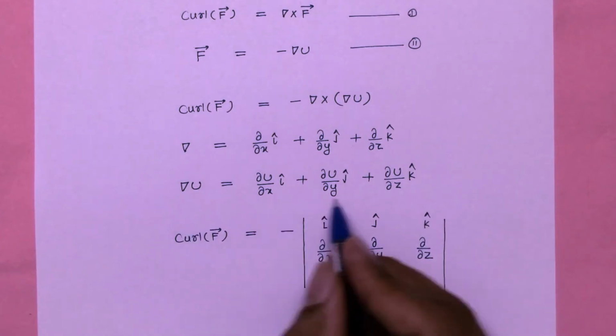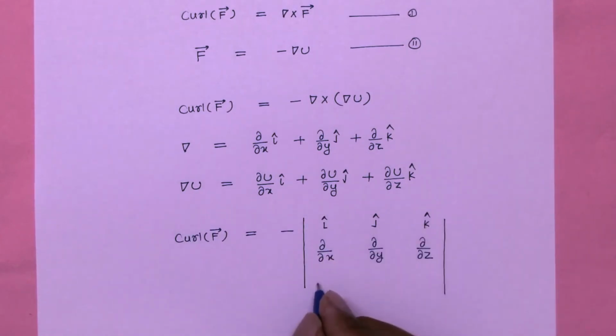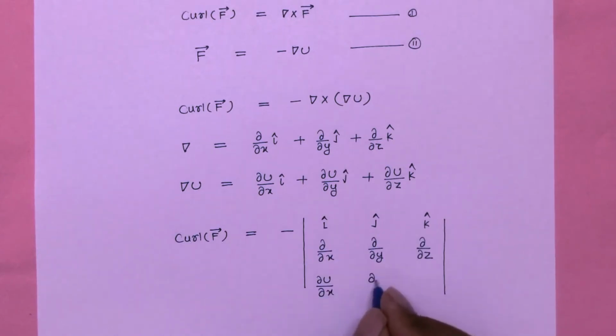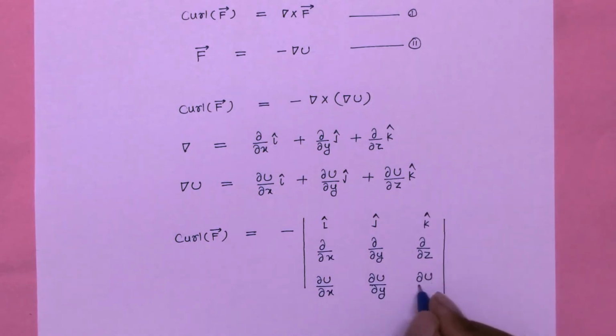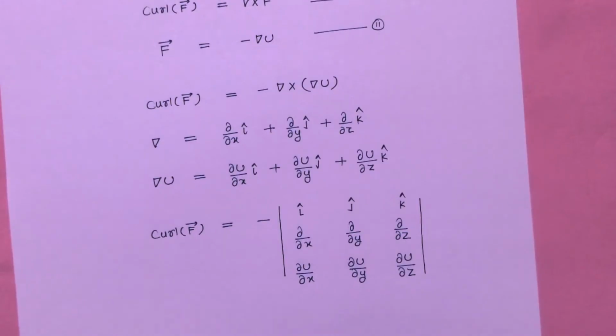Now writing the value for del u, we will write partial u over partial x i cap plus partial u over partial y j cap plus partial u over partial z k cap. We write these values under the given unit vectors.